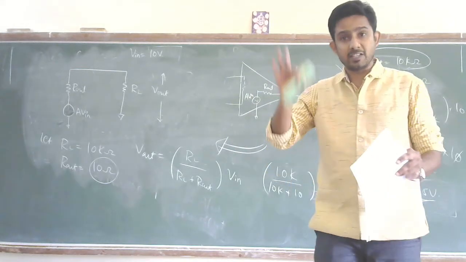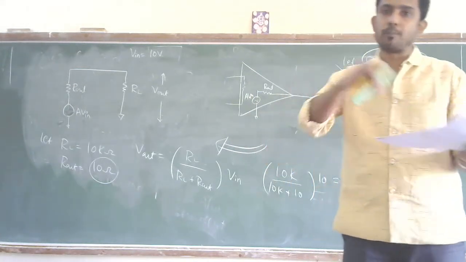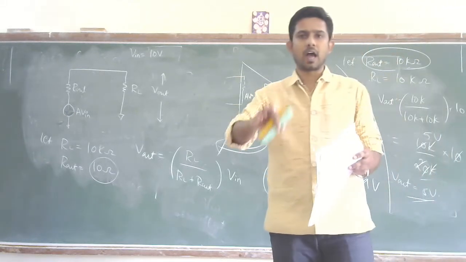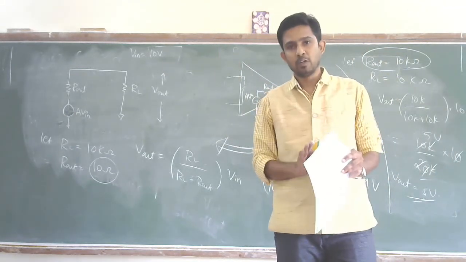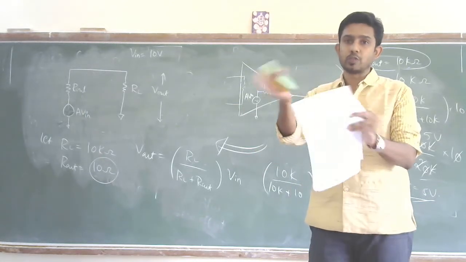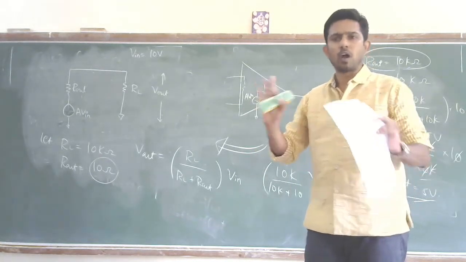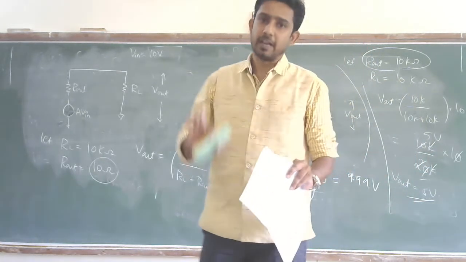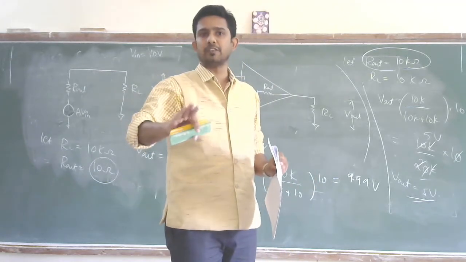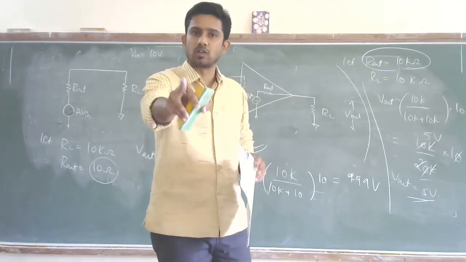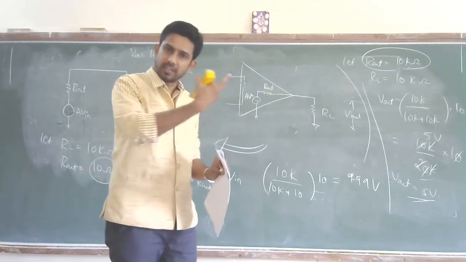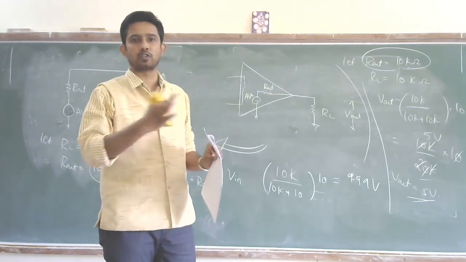So my agenda was to ensure that, whether I need high gain or constant gain, it is left to the designer. In a race to choose between these two trade-offs, what the designer usually says is: let me compromise with low gain, but constant gain is fine, and that constant gain is obtained with the help of negative feedback that we have seen yesterday.